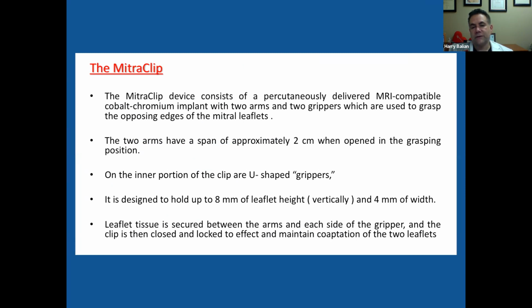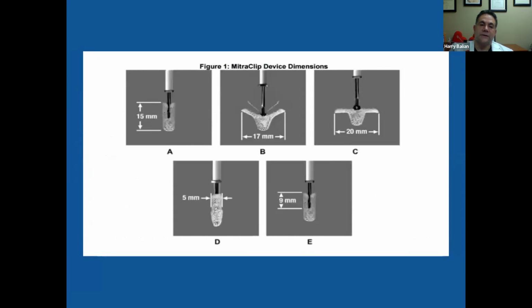Down across the mitral valve, then you open the wings, and then the grippers, which are above the actual clip, are dropped, and then it grabs on to the leaflets, and then you close the clip. Imagine pliers, you're closing them, and then you're gripping on the mitral valve leaflets. So this is basically the actual clip device.